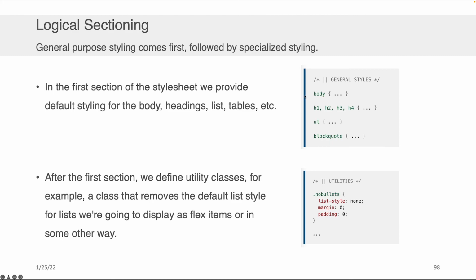So notice that all of these general styling rules in the top block govern elements in general, whereas the things that have to do with classes, because they're more specific, will supersede these rules when the class is applied and should therefore be put underneath.